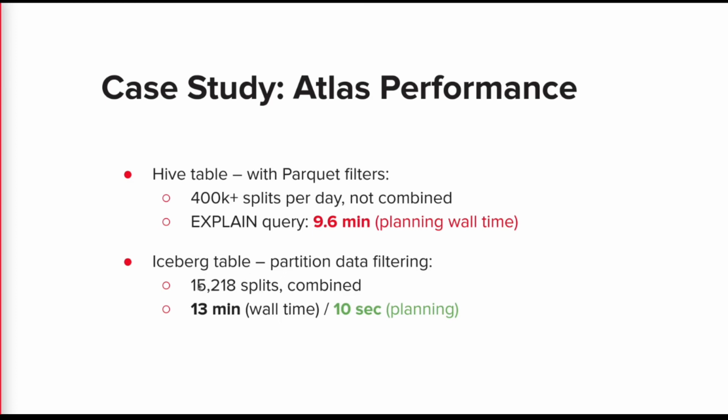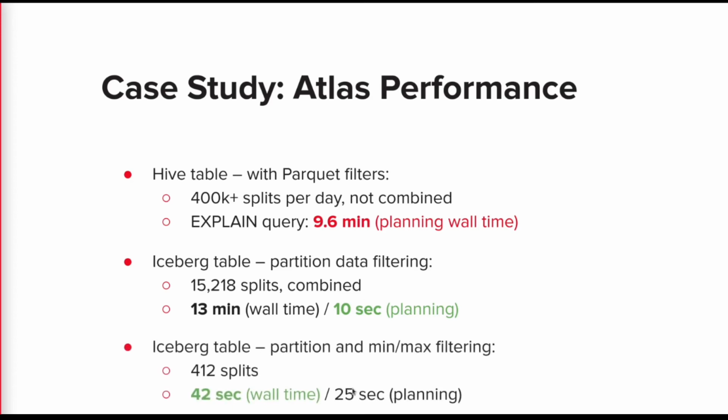And the time it took to figure that out was 10 seconds. So we went from 9.6 minutes just to plan the query to 10 seconds. And 13 minutes total, all in, to execute the query. So we were able to execute this query in just a little bit more than it took to plan the query using Hive.